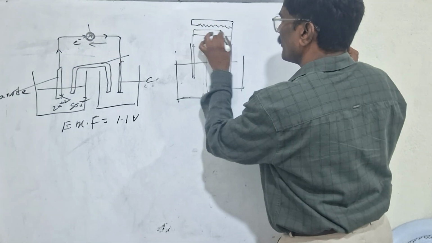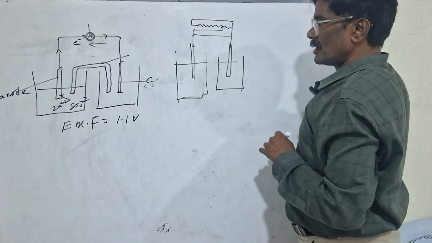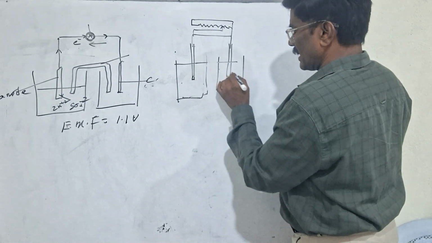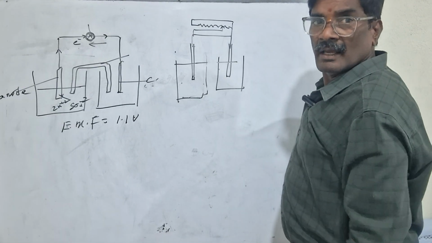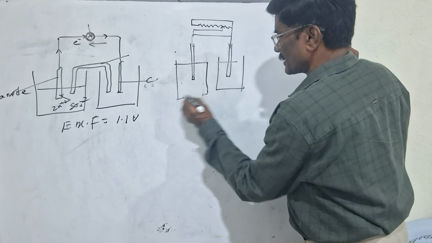This is a rheostat. A rheostat is a device to change the amount of electricity; we can increase or decrease it.